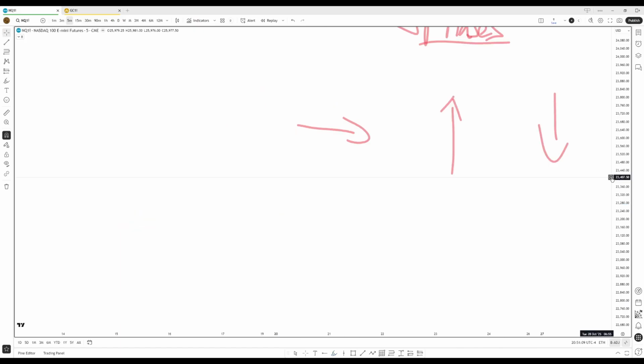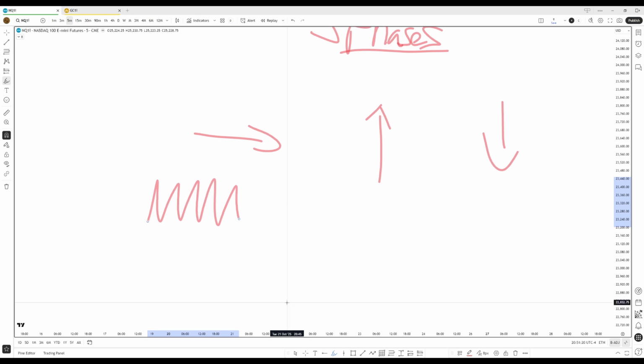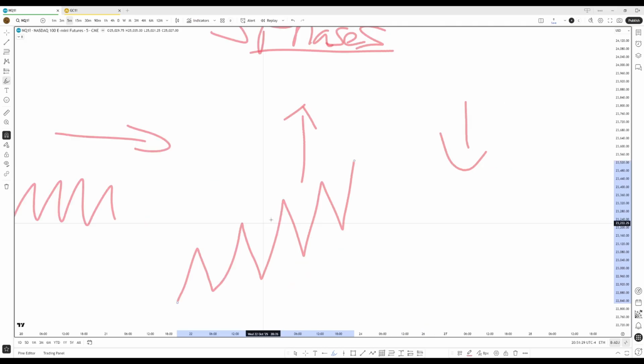If price is moving to the side, it's just bouncing around. If price is moving up, it's trending, going up: higher highs, higher lows. And if price is moving down, same thing but in reverse: lower lows, lower highs.